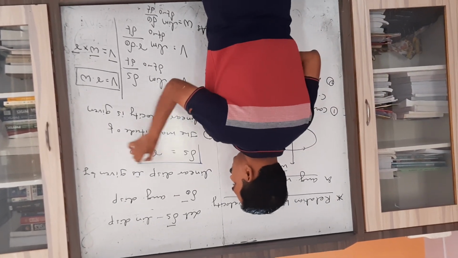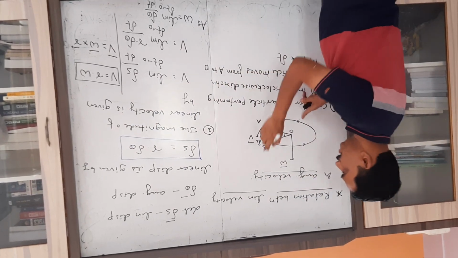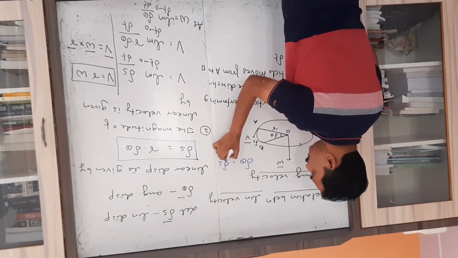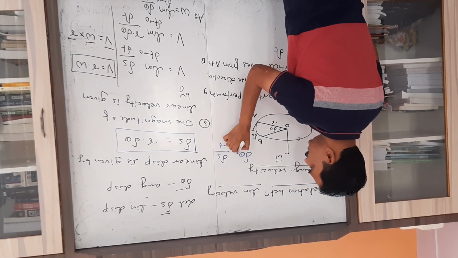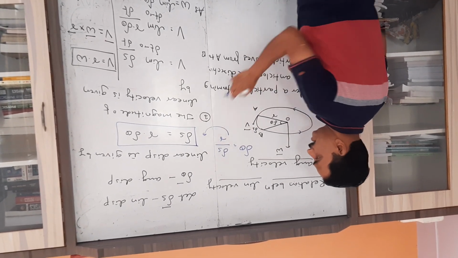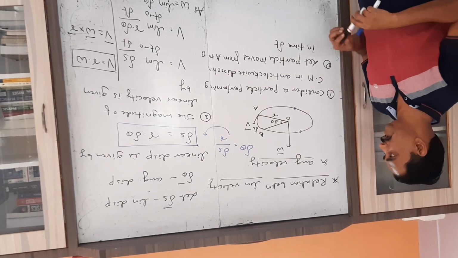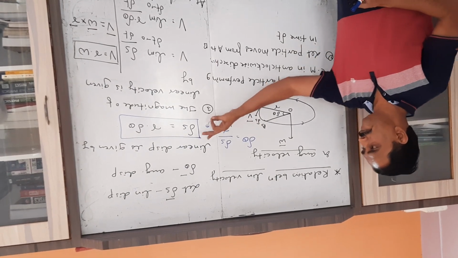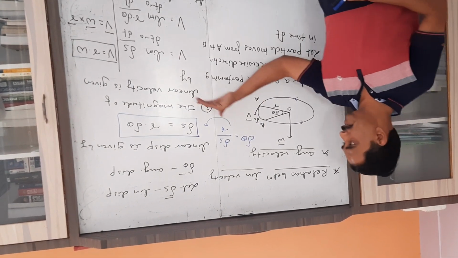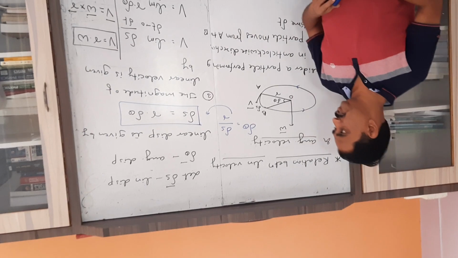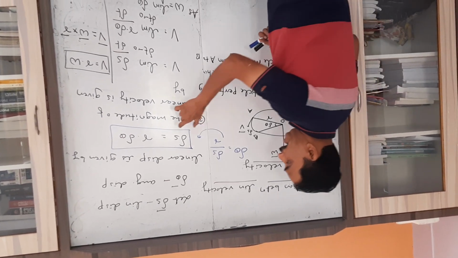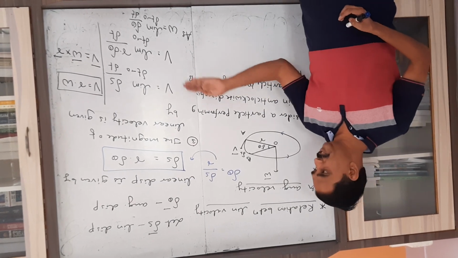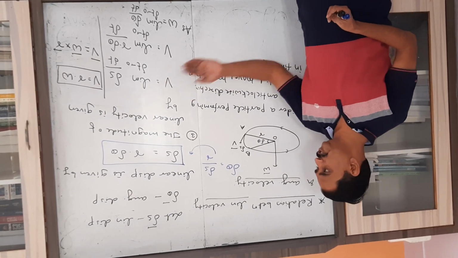we write angular displacement equal to arc length upon radius. So from this definition we write delta s equal to r into delta theta. We are just dealing with the magnitude, so I don't write any vector notation here. Now as per the definition of linear velocity, it is the rate of change of linear displacement with respect to time.